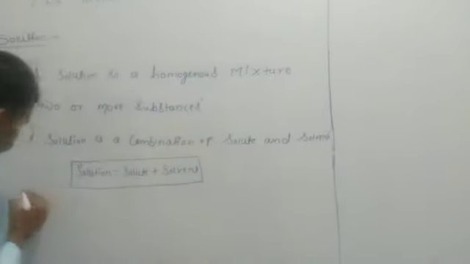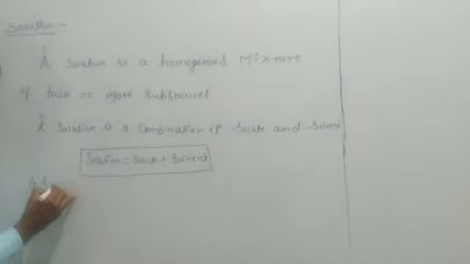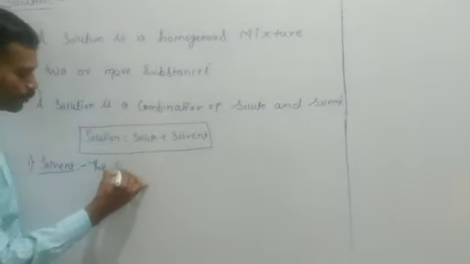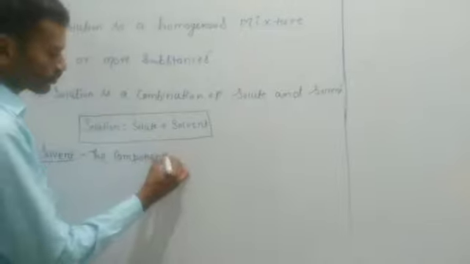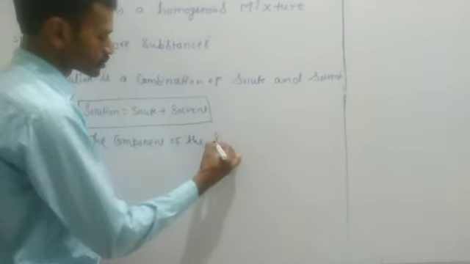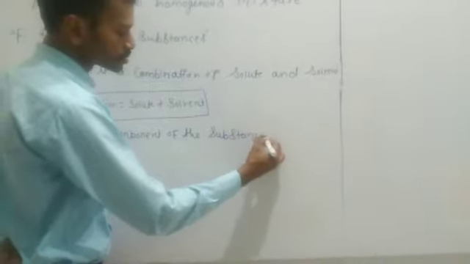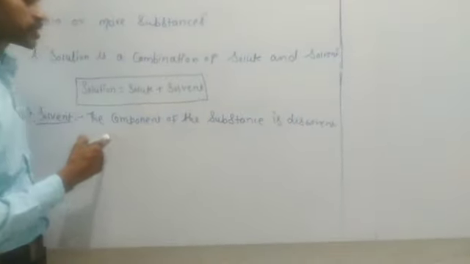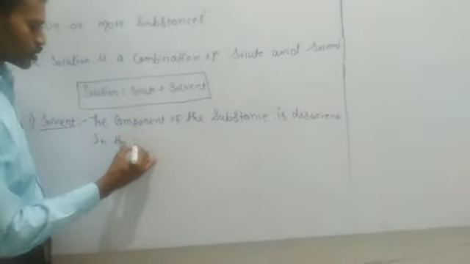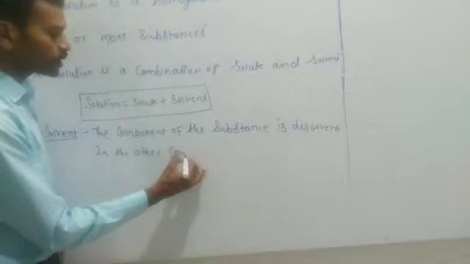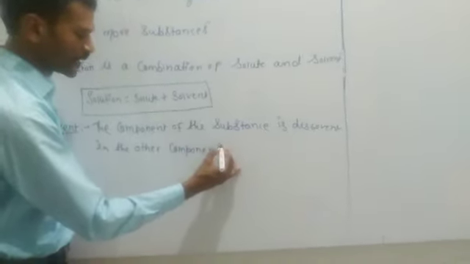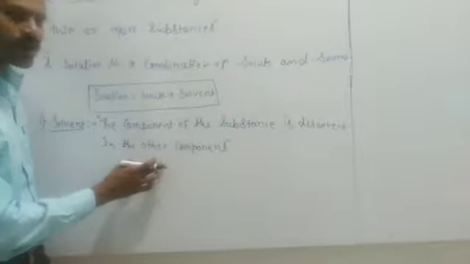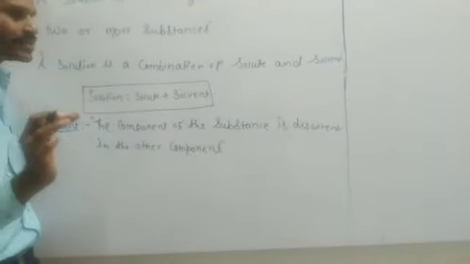The first definition of solvent: the component of the substance that is dissolved in the other component is called the solvent. It is the simple definition.